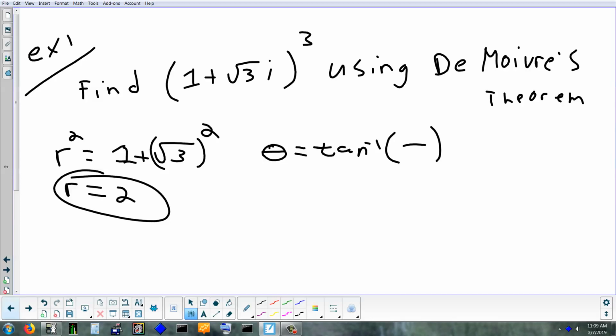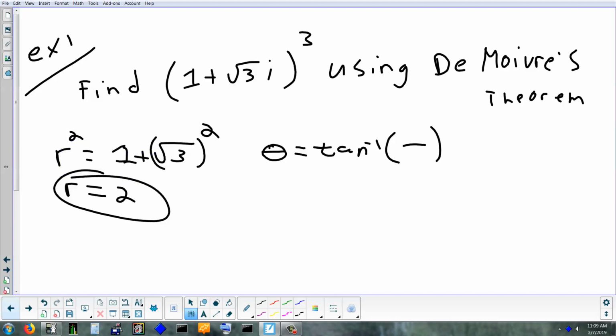So inverse tangent of, Robin? Confused why it's 2. My r is 2. Because you get 1 plus 3, which gives me r squared equals 4. And then the square root of 4 is 2. So basically the square and the square root just cancel each other out and you just end up with 1 plus 3. But that's r squared and we want r.